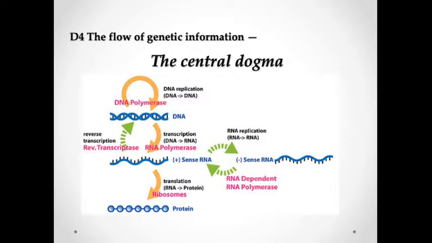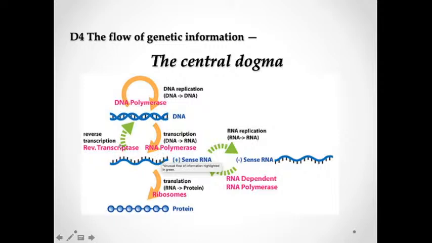So how does the flow of genetic information happen? As we have known, it happens from DNA to RNA and RNA to protein, and this whole method is known as your central dogma. DNA could self-replicate to produce DNA with the help of DNA polymerase, and with transcription, RNA polymerase produces sense mRNA.